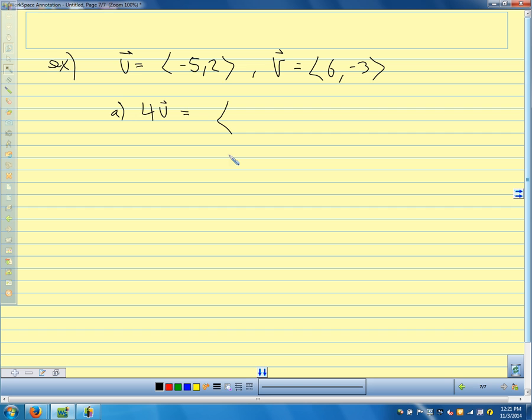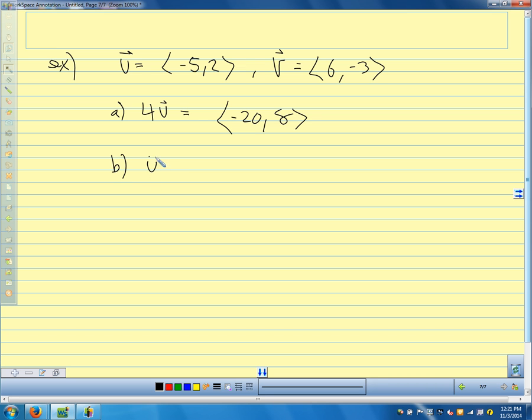So to find 4u, what do I do? Multiply each component of u by 4. So I multiply the x component by 4 and I get -20, and multiply the y component by 4 and I get 8. There's 4u. So the vector, same direction as u, 4 times as long.